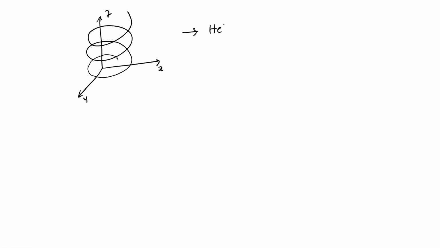Let us just draw the x, y and z axes. We call this y, this x and this z. So, we have this trajectory to be like this and so on. And this is like a helix, just like the DNA that you have seen a picture of.